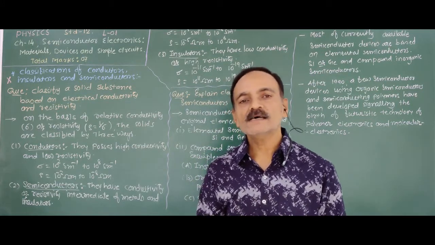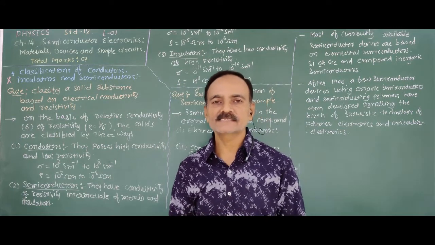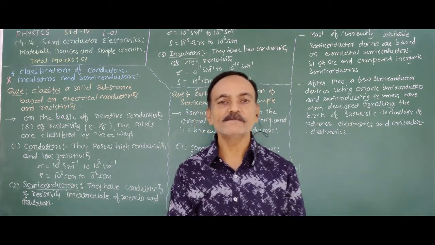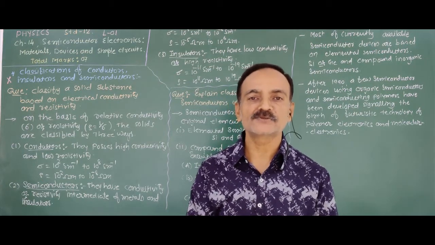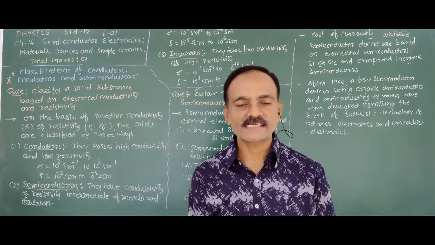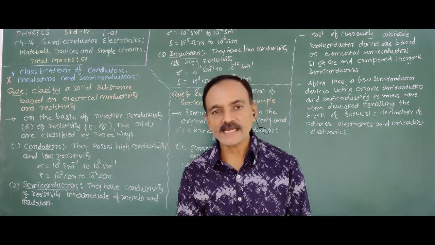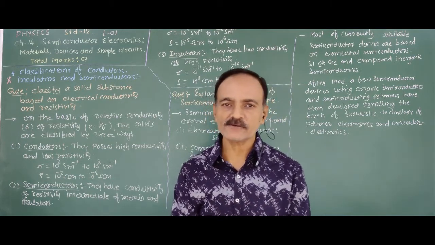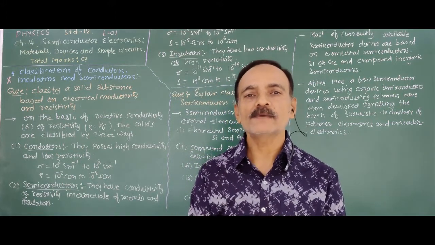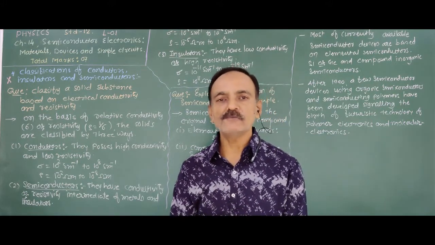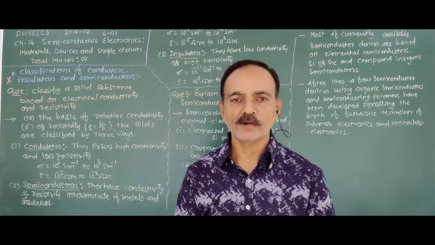Now what about the semiconductor? At 0 Kelvin temperature, it behaves as a perfect insulator. As the temperature increases, free electrons arise. How do free electrons arise? Because at 0 Kelvin temperature, all the electrons are bound with positive ions and form covalent bonds.